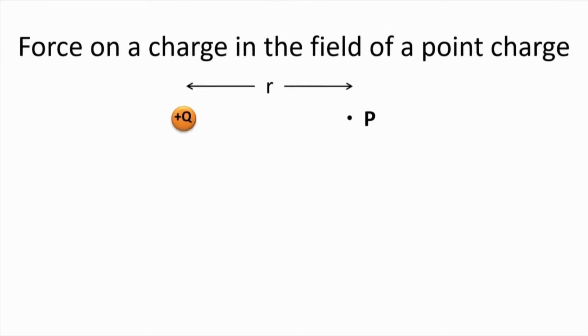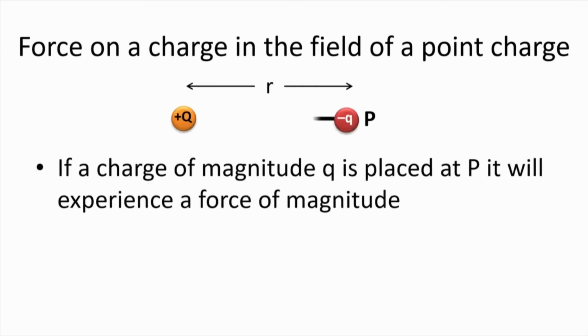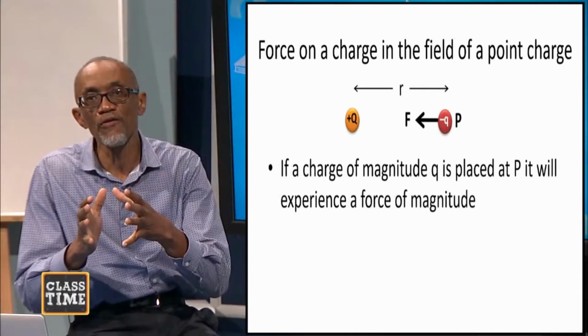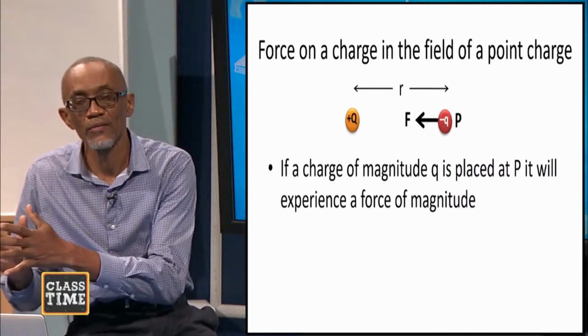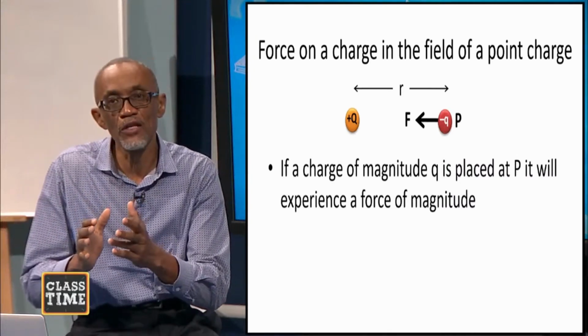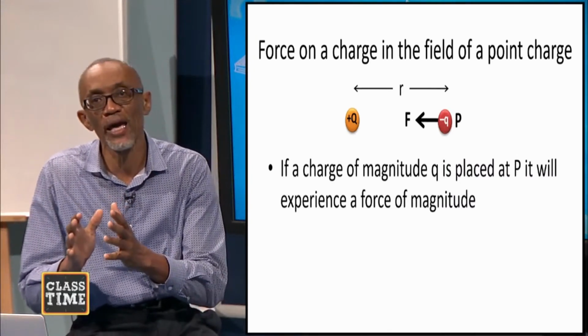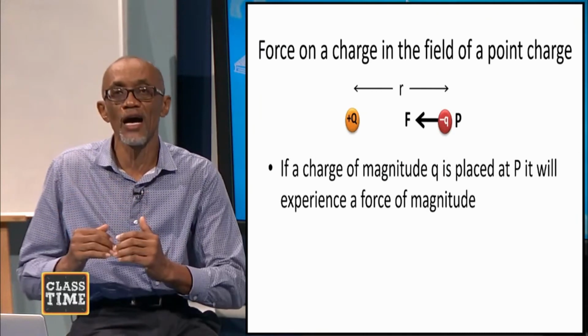So the force on a charge in the field of a point charge. If we put a charge in the field of a point charge, it will experience a force, right? So if a charge of magnitude q is placed at P, it will experience a force of magnitude. You remember, force is equal to electric field strength times charge. And we have our electric field strength equal to 1 over 4 pi epsilon 0 Q over R squared.